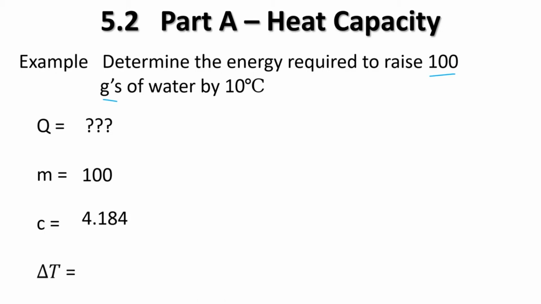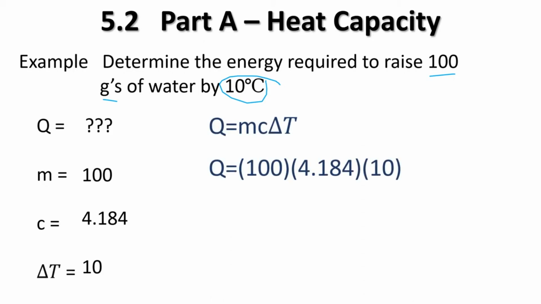You might remember it from an earlier slide as 4.184, and it does have a crazy unit, but let's leave that off. Now, the question's already given you the change in temperature. There's no 2 values, there's only 1, so it's already been done for you. So then it's just a matter of writing down the equation, filling in the values, and coming up with an answer. Now this is energy, and so it will be measured in joules. So that's about as simple as these questions get.